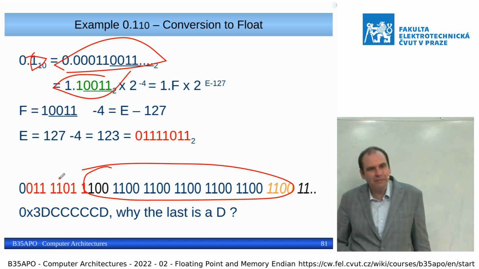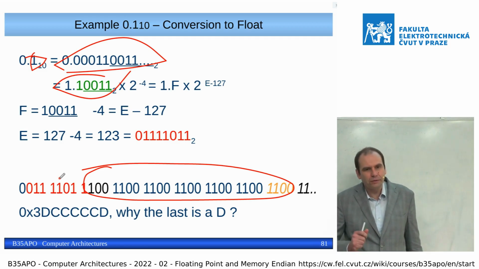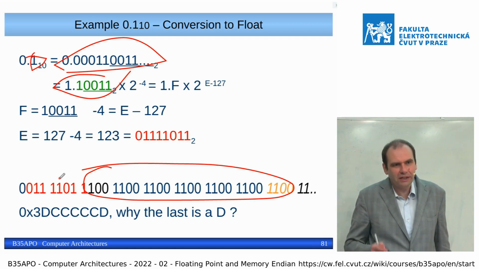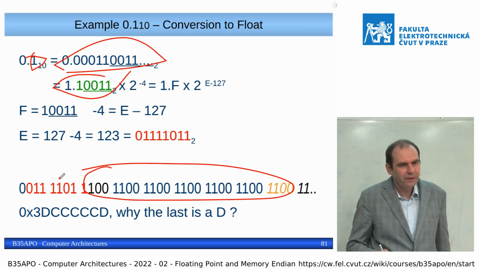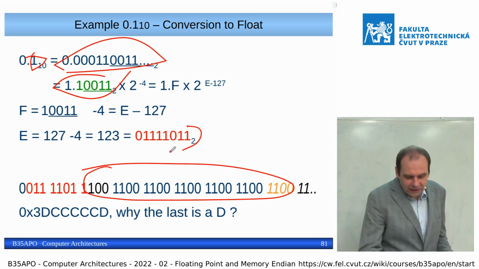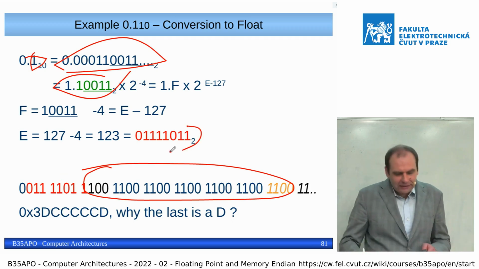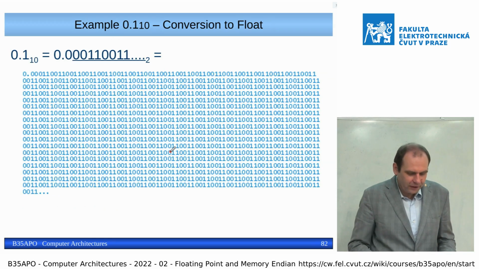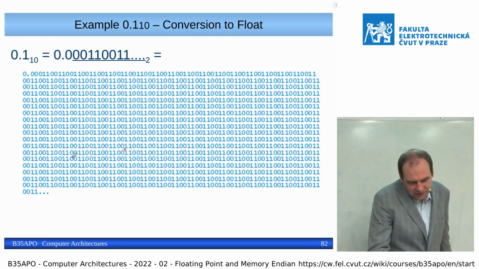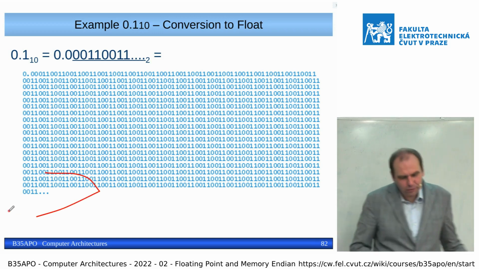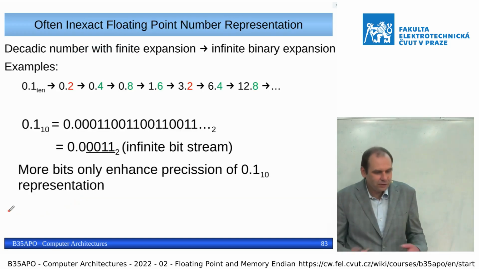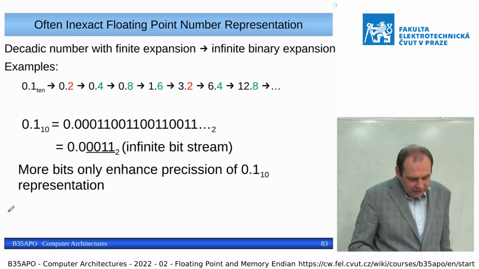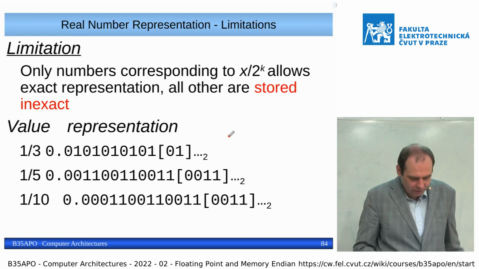It is the same as in the decadic system when you want to write 1/3. Basically, it is not possible to write 1/3 exactly in the decadic system. So you get into troubles, and the decadic system doesn't match with the binary in fractions. So be careful, this is still not the correct value of 1/10. It is easy to write in the decadic system, but there it is not possible.